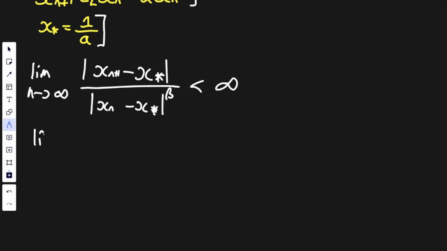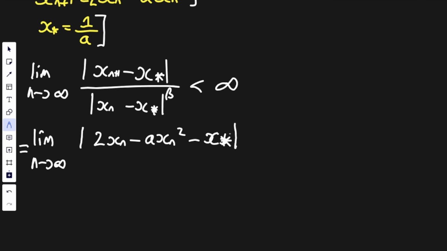So let's put everything in the limit. I'm going to replace xn plus 1 with what we had at the top here. So we have 2xn minus axn squared minus x star, all divided by xn minus x star.